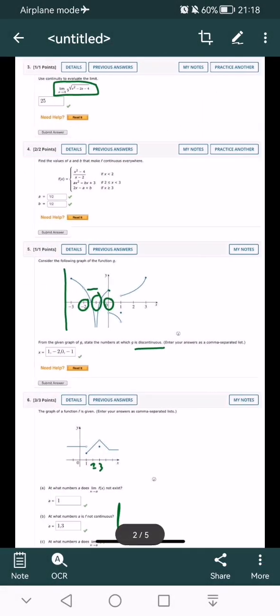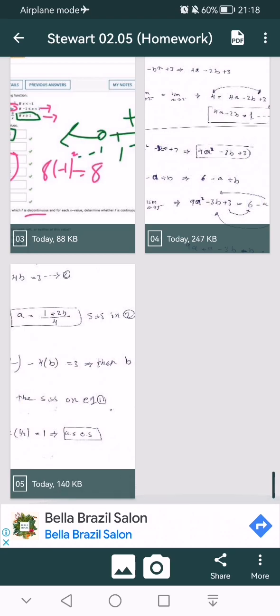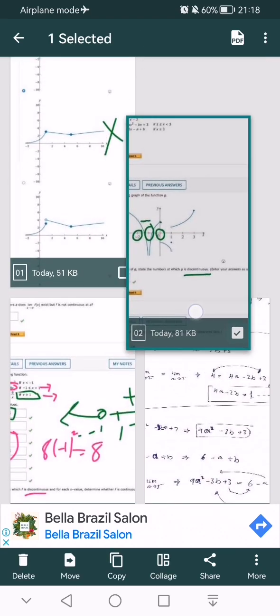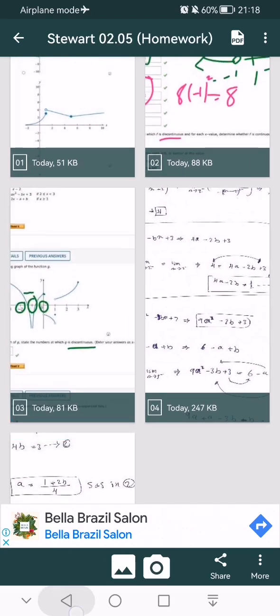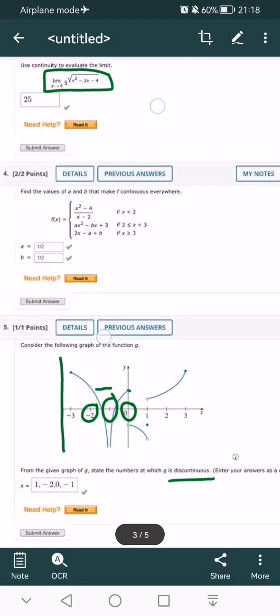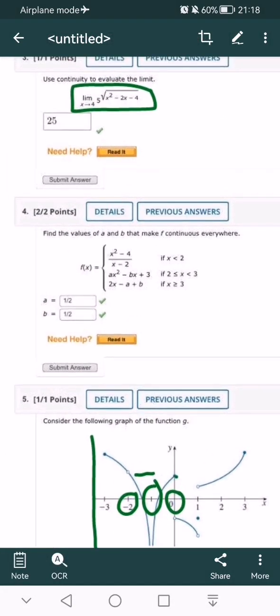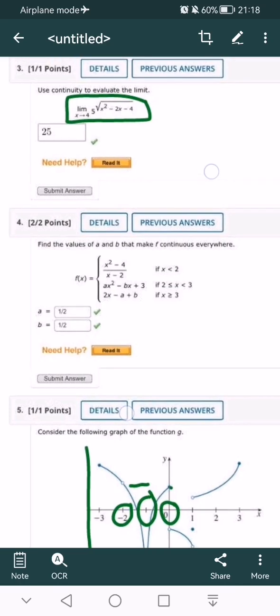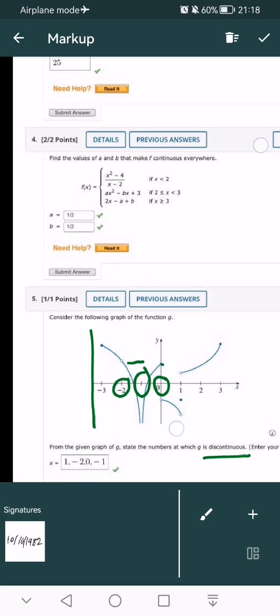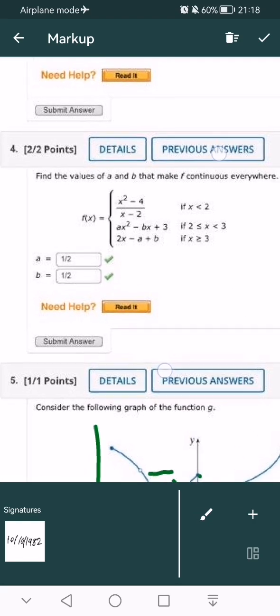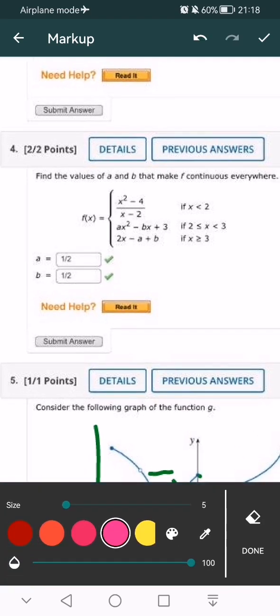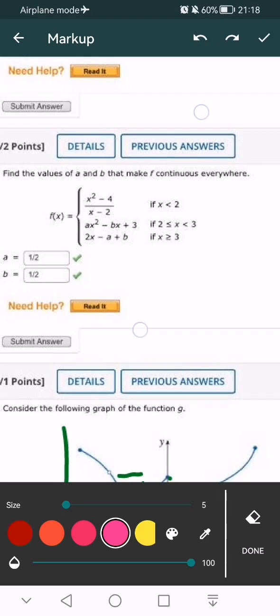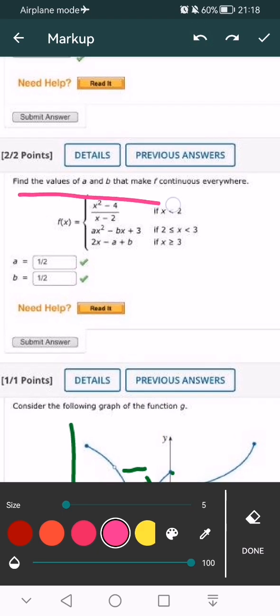Let me first bring this question in. The question is very, very important in the end. I will take maybe 10 or 15 minutes to explain it. I have these equations, and it asks to find the value of A and B. We know we need to find the values of A and B that make it continuous everywhere.